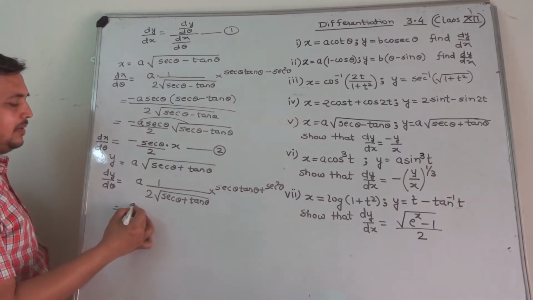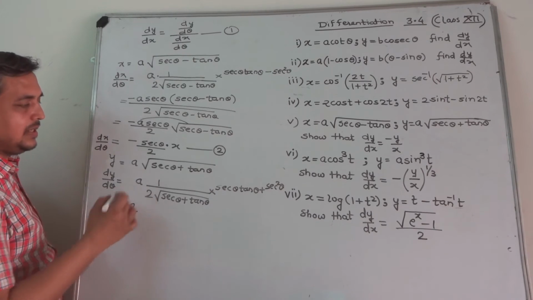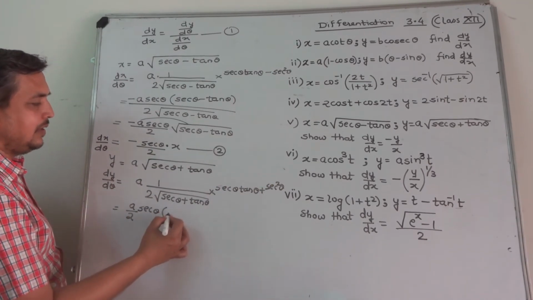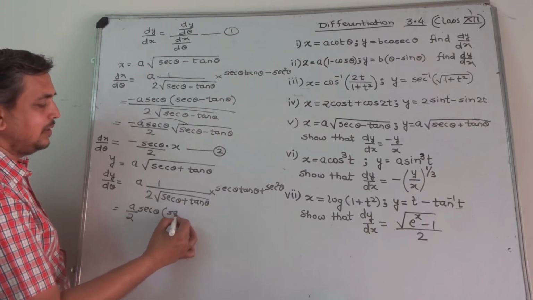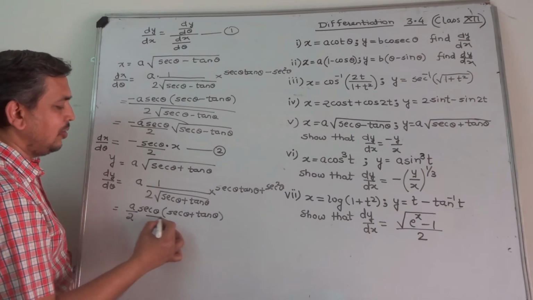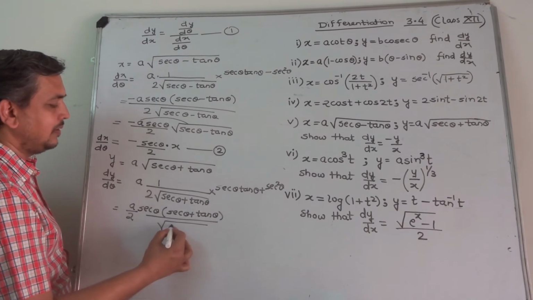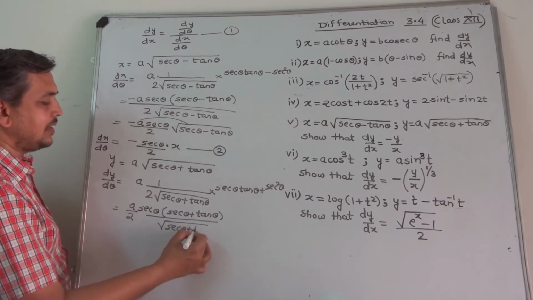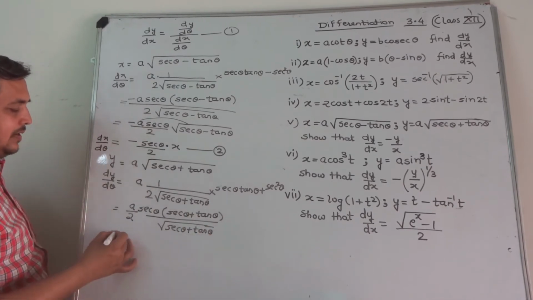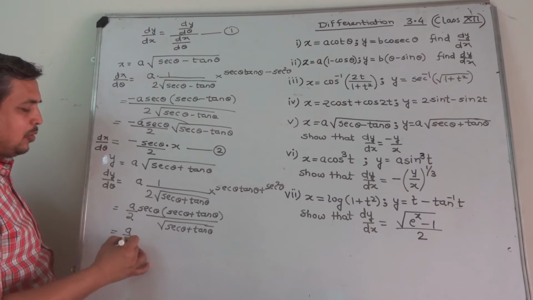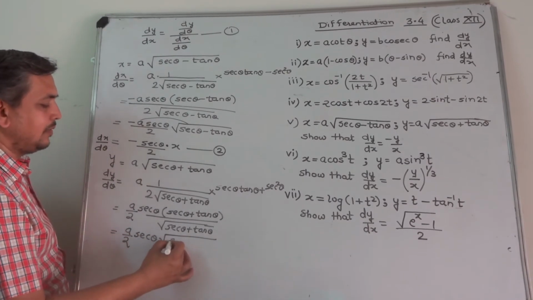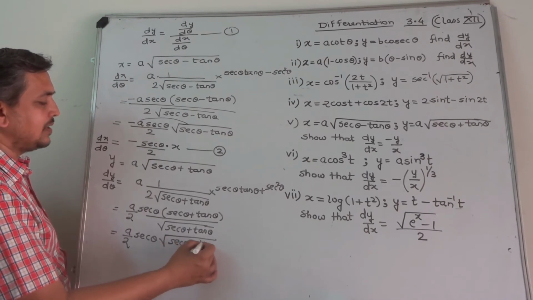So from here a by 2 as it is. In the numerator we can take sec theta common. In the bracket we are left with sec theta plus tan theta, and the denominator is root of sec theta plus tan theta. Now students, can we see this root gets cancelled and we are left with a upon 2 sec theta root of sec theta plus tan theta.